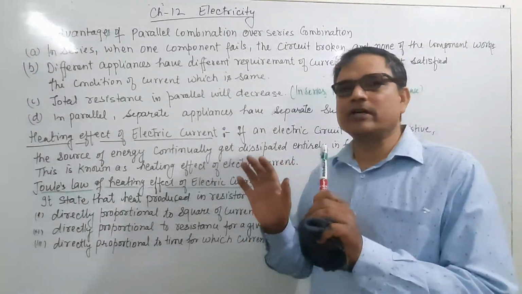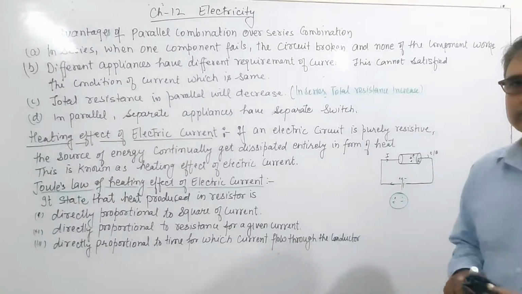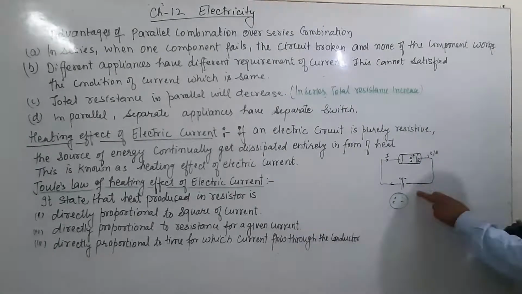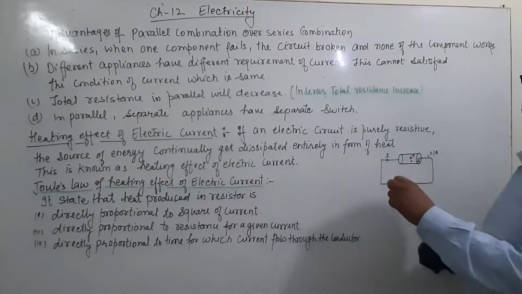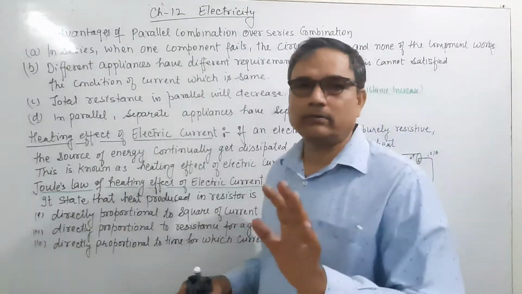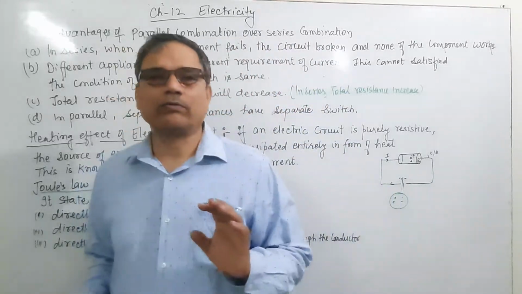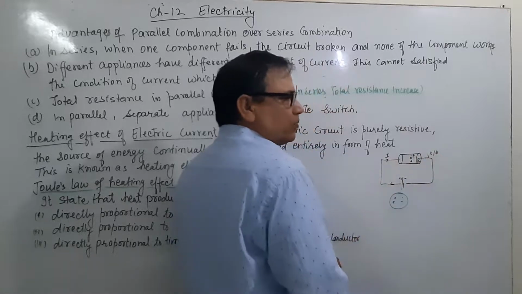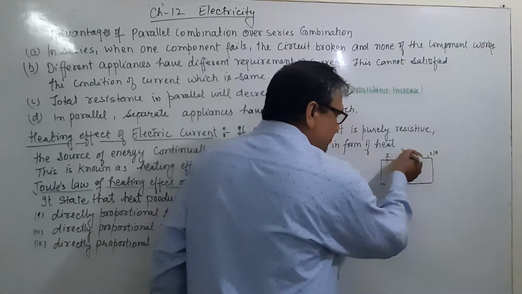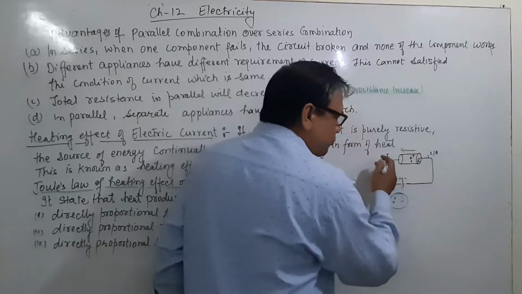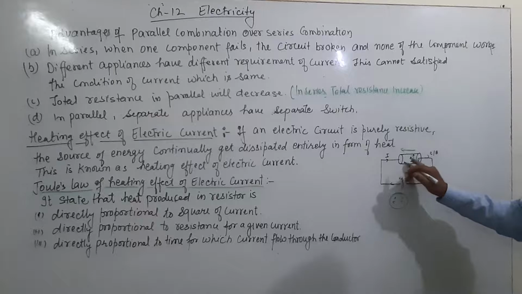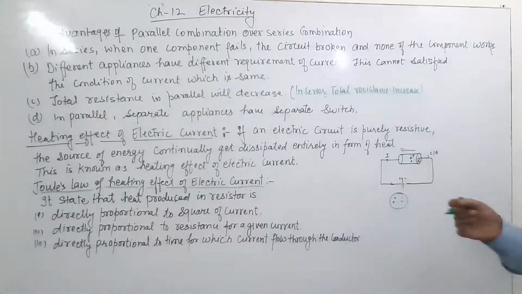Due to the creation of potential difference, the charges, the electrons, move, and the electrons move from negative to positive. Why are they moving in this direction? Because they move in a definite circuit, in a definite direction. If the battery is not connected, if the circuit is not formed, then they can move in any direction.